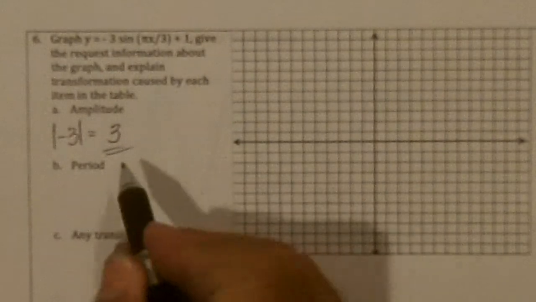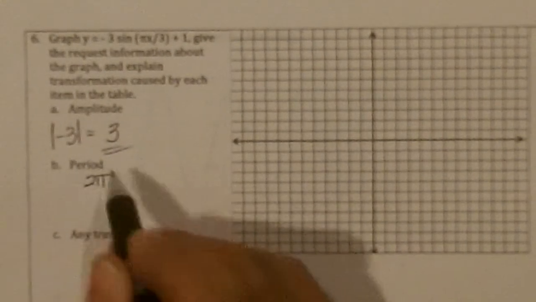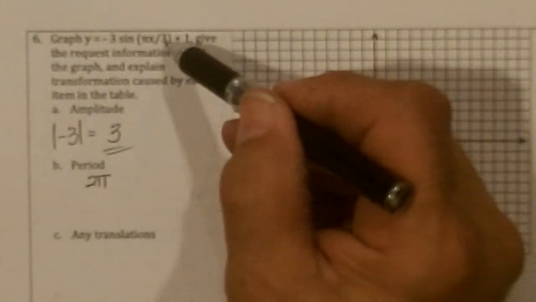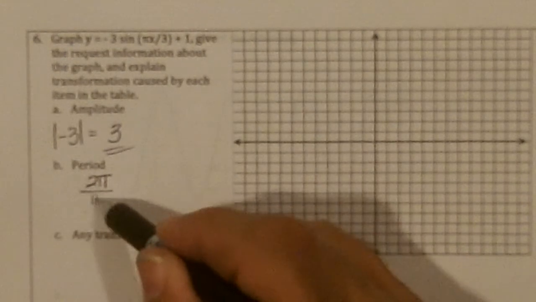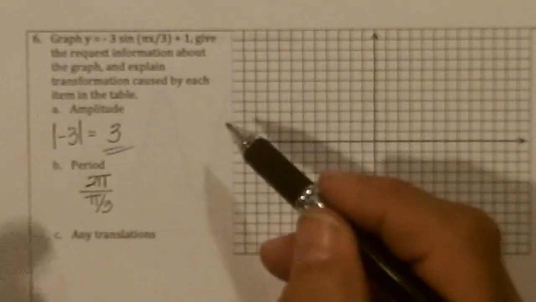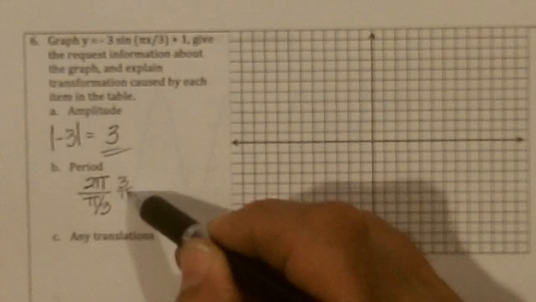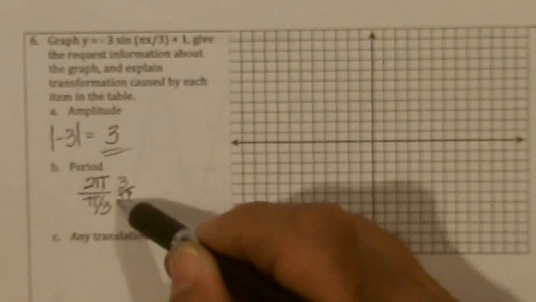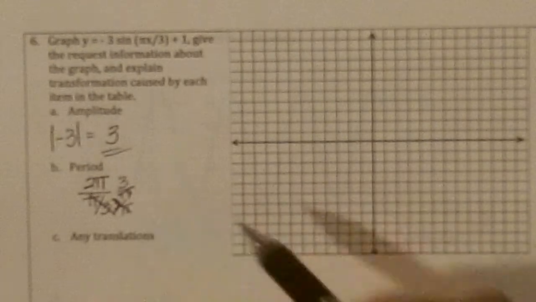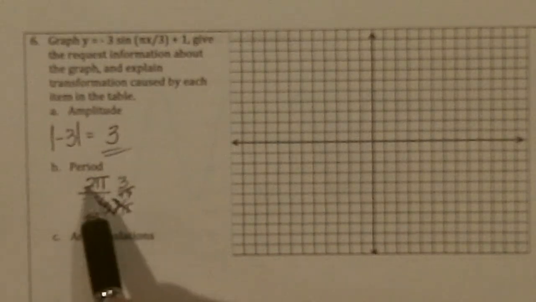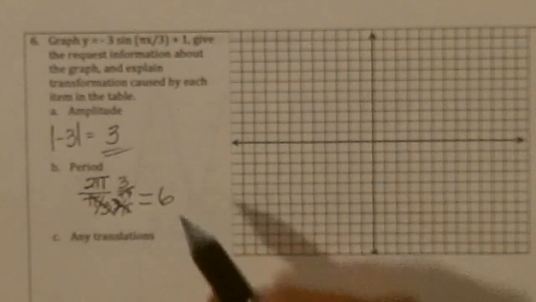Period. Well, normal period for the sine is 2 pi, and I divide it by whatever's times the x, and that's pi over 3. Divided by pi over 3. So if I invert and multiply by 3 over pi on the numerator and the denominator cancels, and I get 6 pi divided by pi, which is just 6.